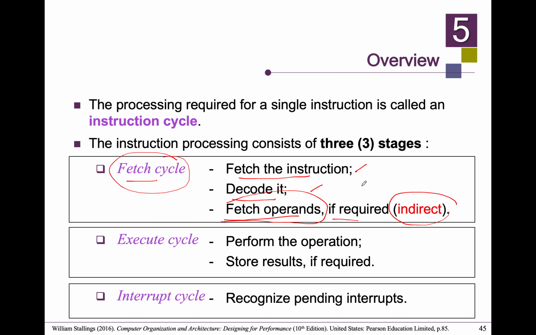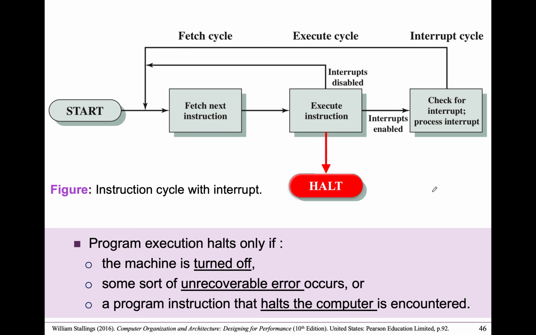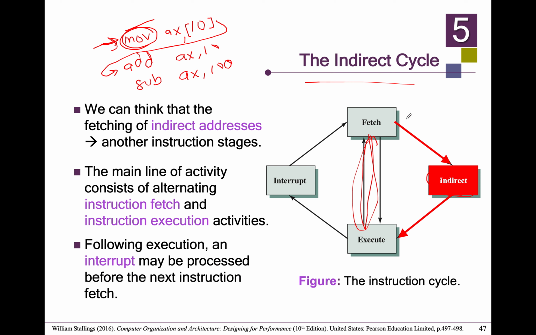So you're going to do this, and if required, you're going to go to here. But in the normal process, you're going to fetch your single instruction, and then after that you do the decode. After that, you do the execute.